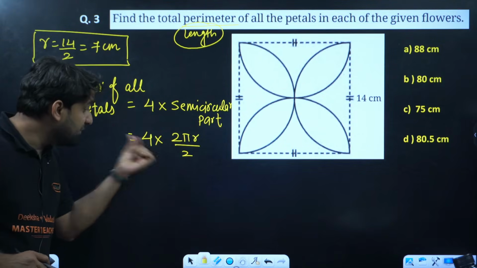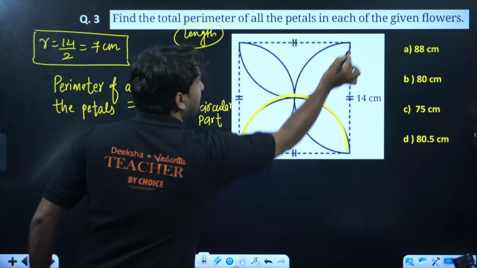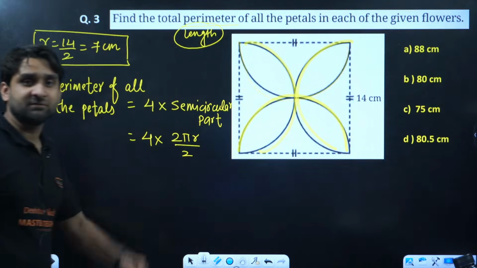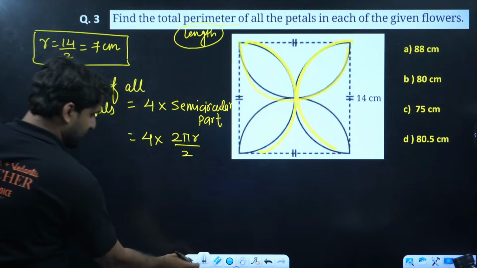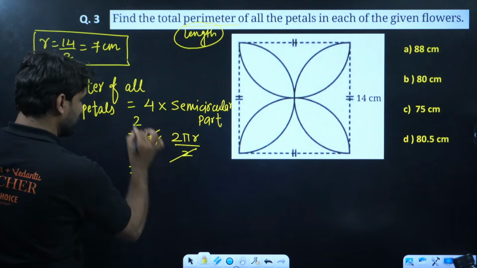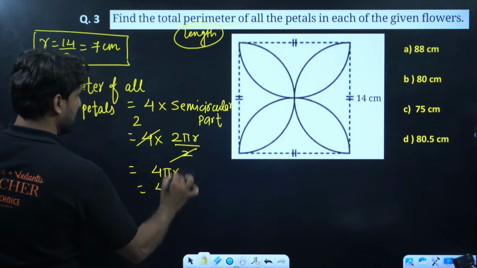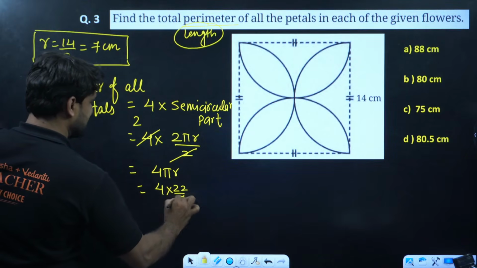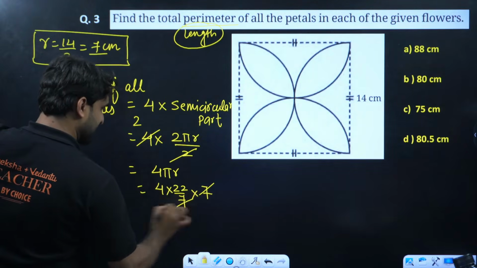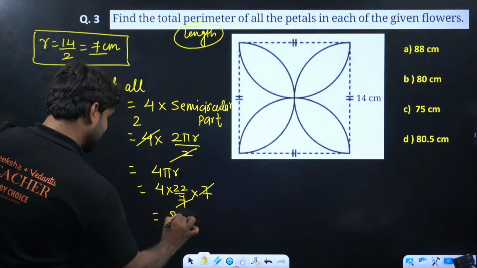And why are we multiplying by 4? Because we have 4 semicircles. 1, 2, 3, 4. Clear? So now solve the question. The 2 will cancel, 2 into 2 is 4, so 4 pi r. Now put the values. Pi is 22 by 7, and r is 7. Wow, 7 cancels. 22 into 4 will be 88 centimeter.